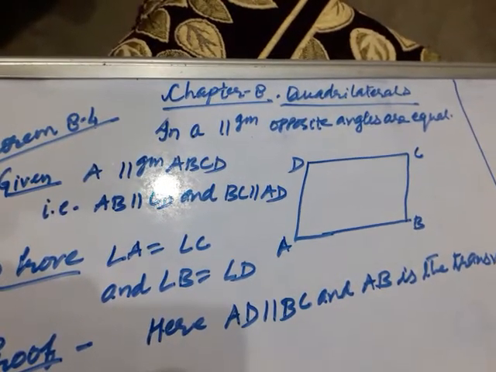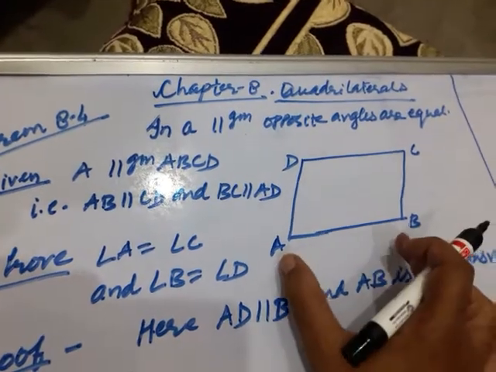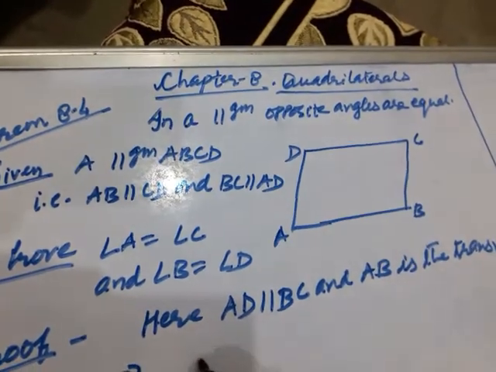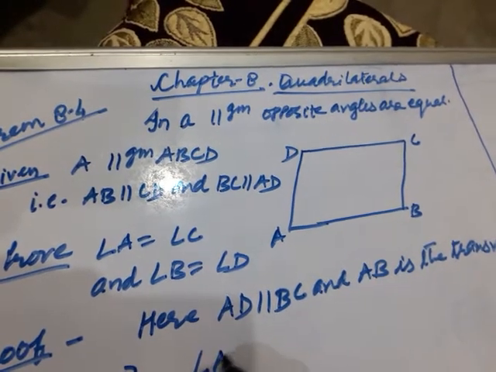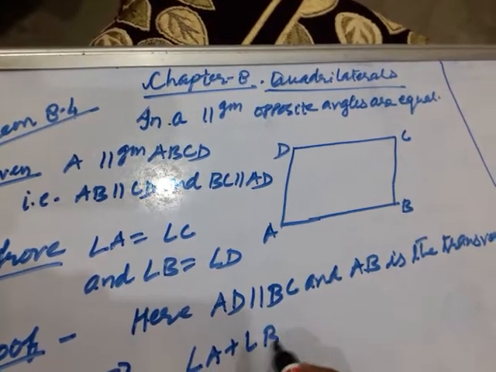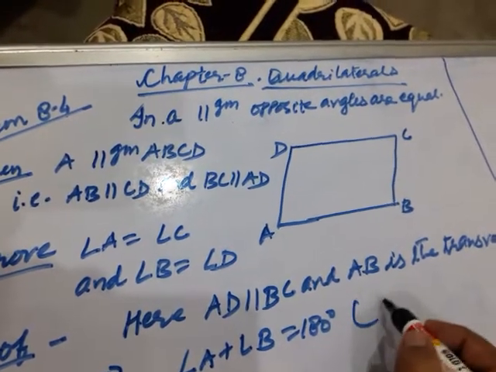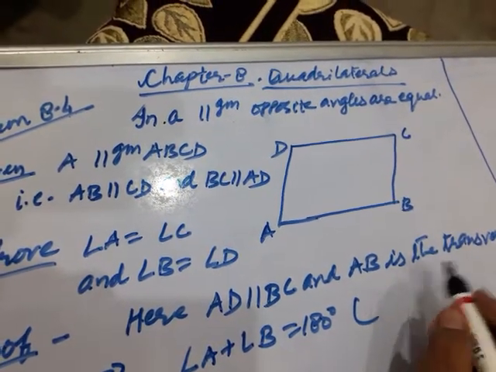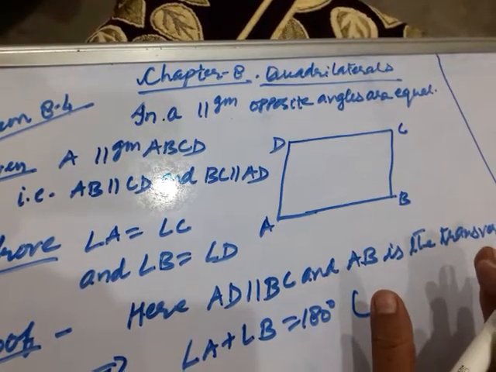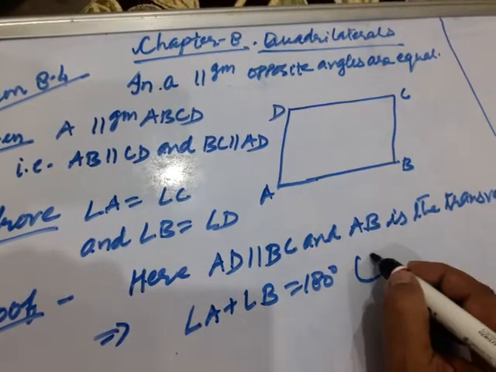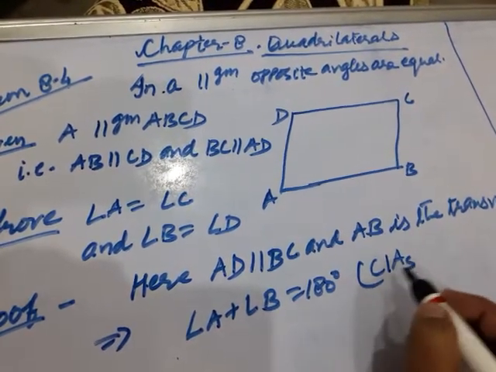This implies that angle A plus angle B equal to 180 degrees by the co-interior angles property, that is the sum of the interior angles on the same side of the transversal is 180 degrees.